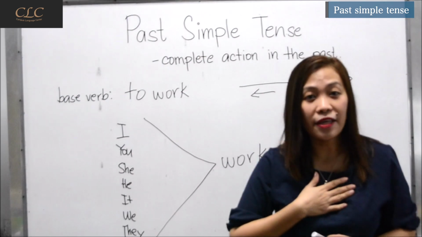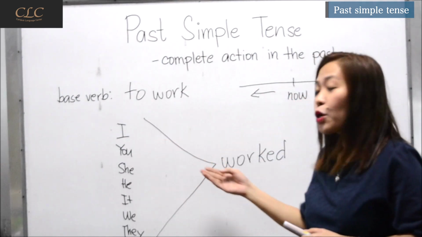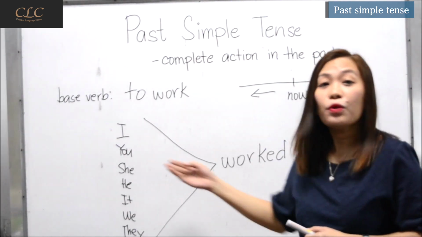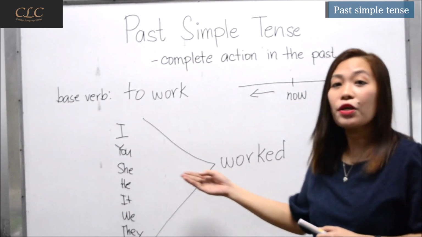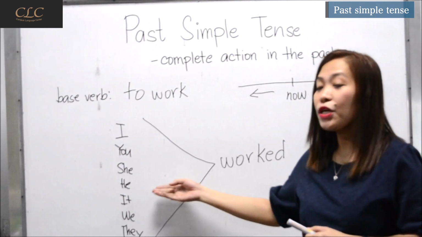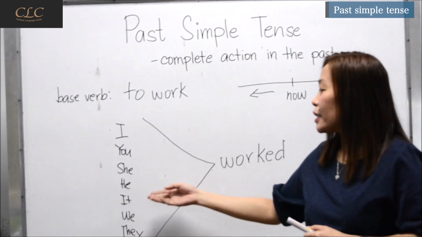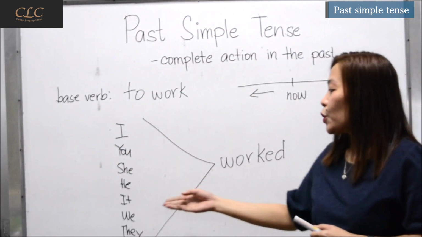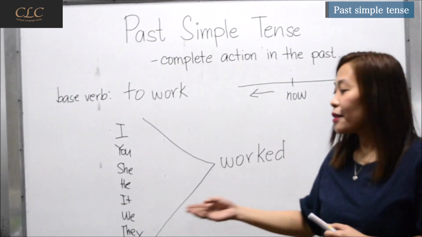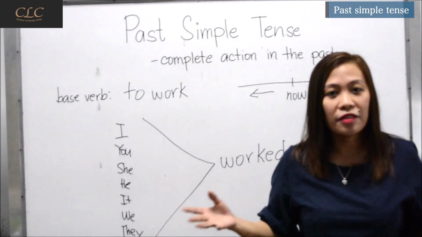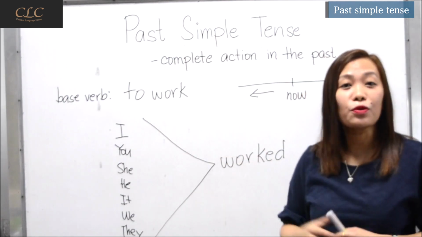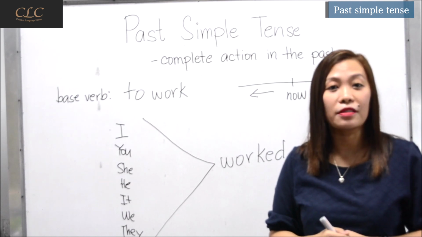So, say it after me. I worked, you worked, she worked, he worked, it worked, we worked, they worked. That's it. You just have used the past simple tense.